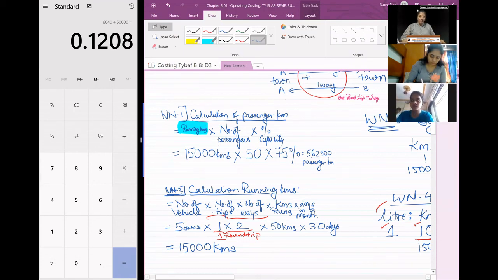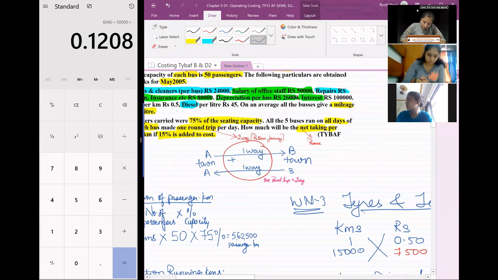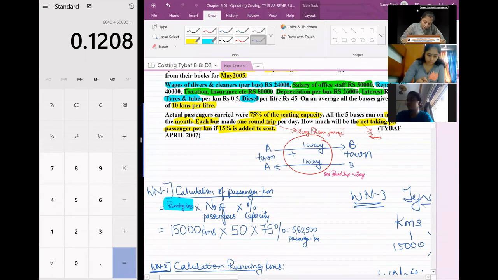Running kilometers formula is number of vehicles, how much? 5. Number of trips into number of days. There is one round trip, so 1 into 2. Kilometers run is 50. And days in a month, 30. Has it been given? Yes, it is given. 5 buses ran on all the days of the month.